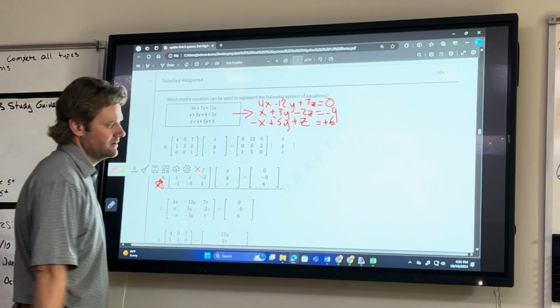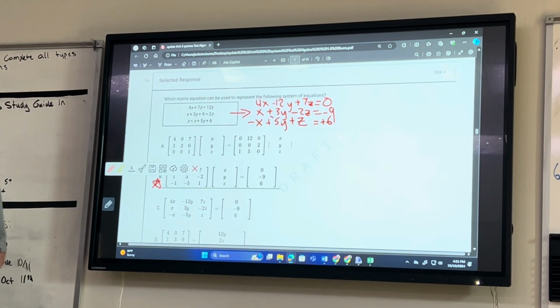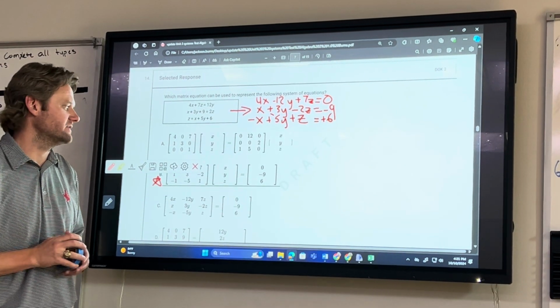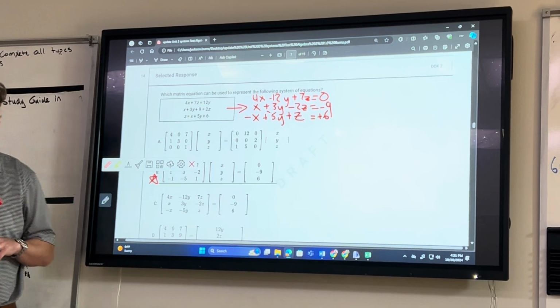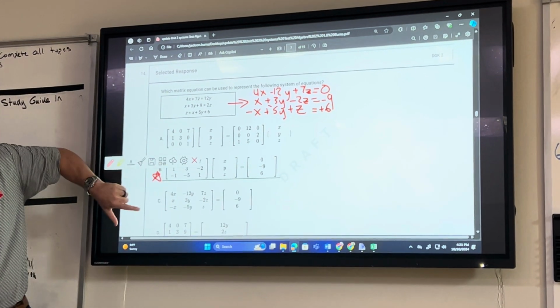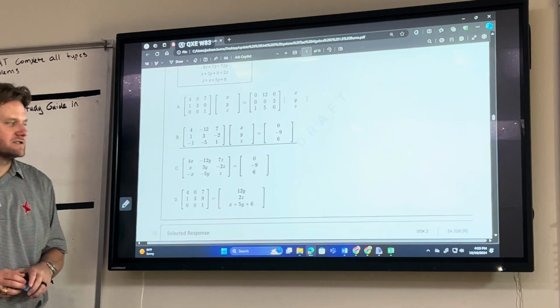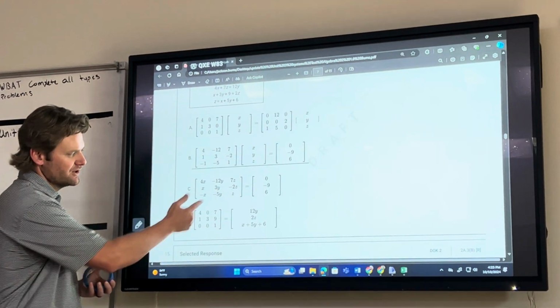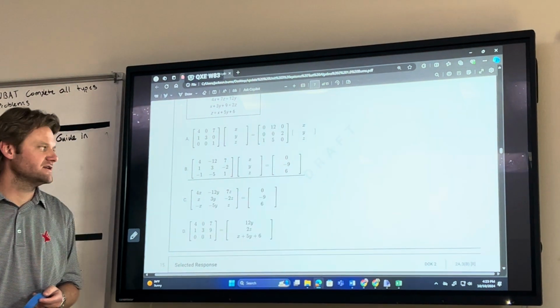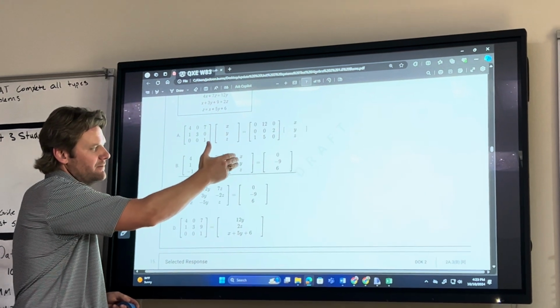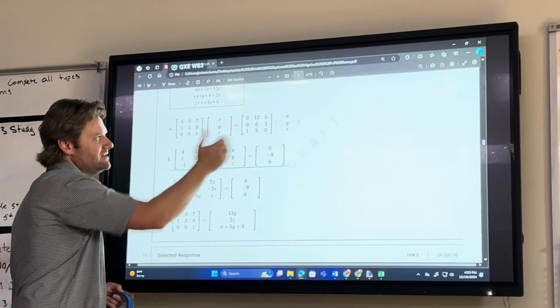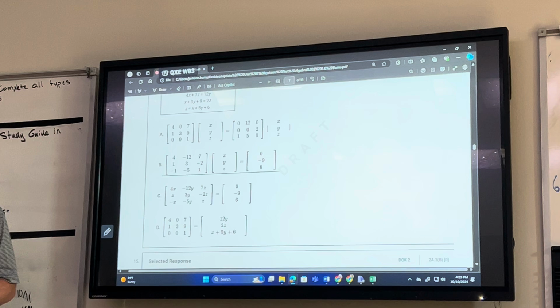So understand that you can multiply any equation by -1 on both sides and keep that same equation. But honestly, the other answers don't make any sense. You never include your variables in the matrices. You always need to multiply by your x, y, and z, and that equals your constant matrix, right?